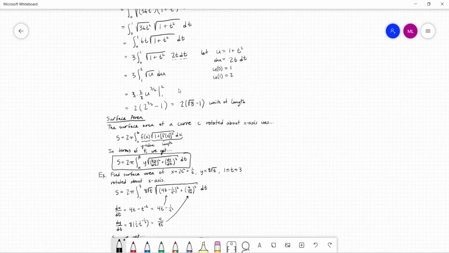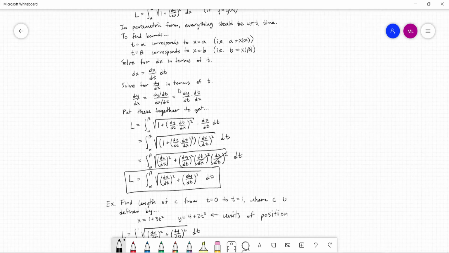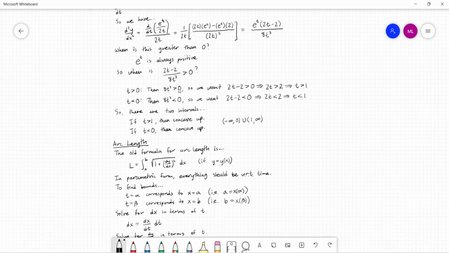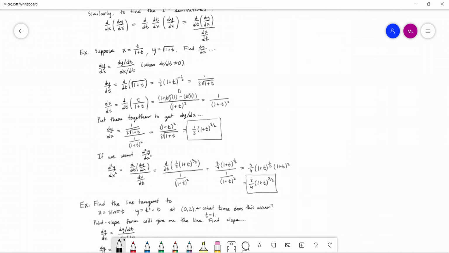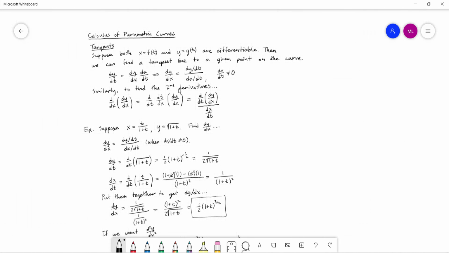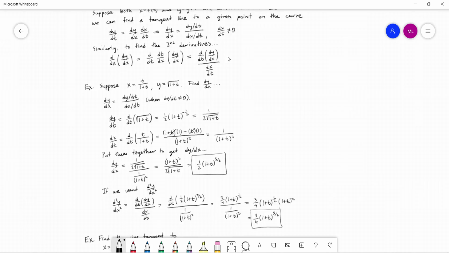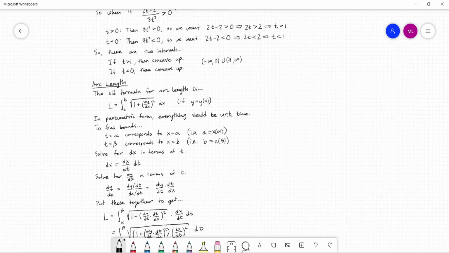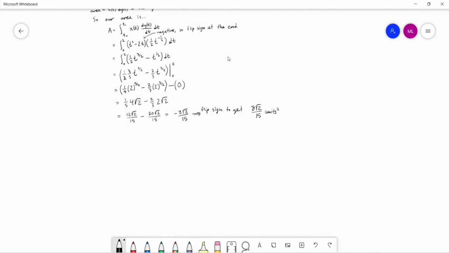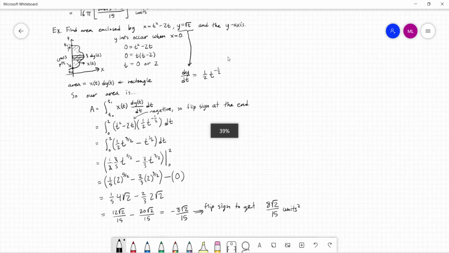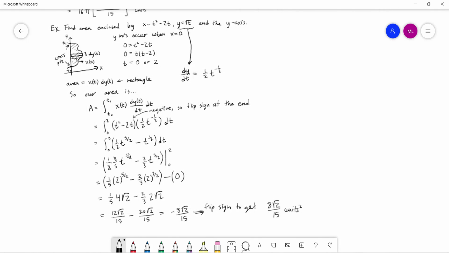There's a formula for surface area. We had a formula up here somewhere for the tangents, so the derivatives and second derivatives. Use all of those with the appropriate applications, and hopefully you won't have to worry too much about the arithmetic at the end. Use a calculator whenever you can.